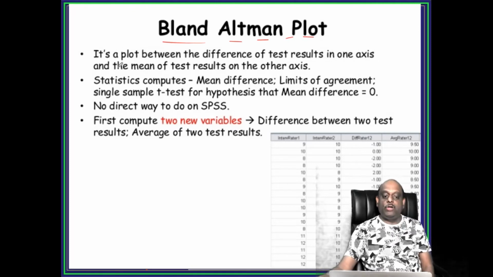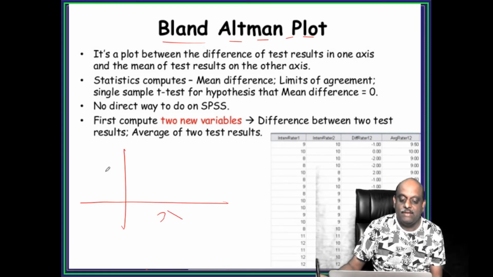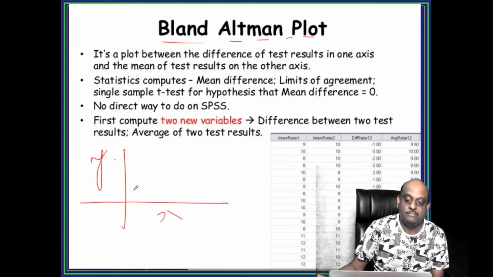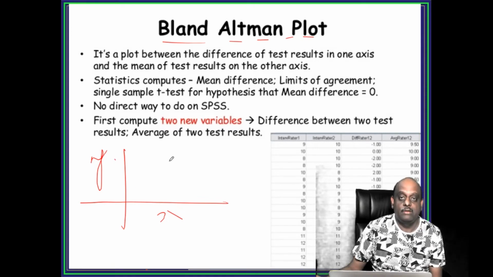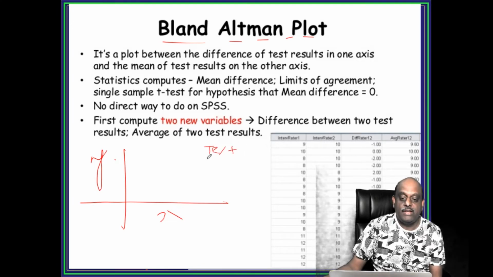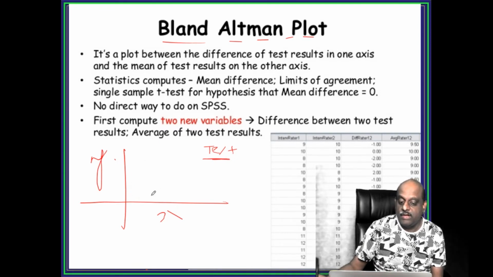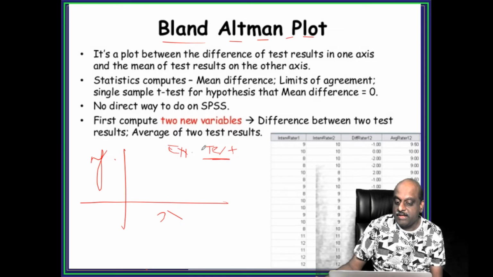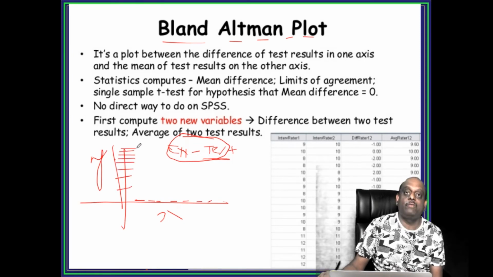So what is Bland Altman plot? You take an x axis and a y axis. You have test result one, test result two, and expected result. The difference between them is plotted, and on the other axis you put the mean value of the test results.